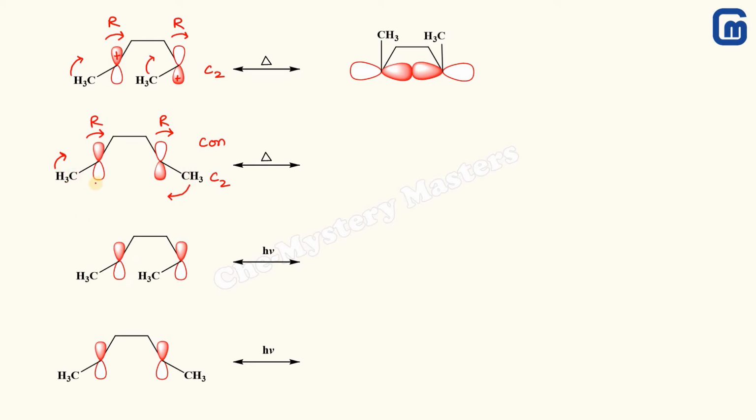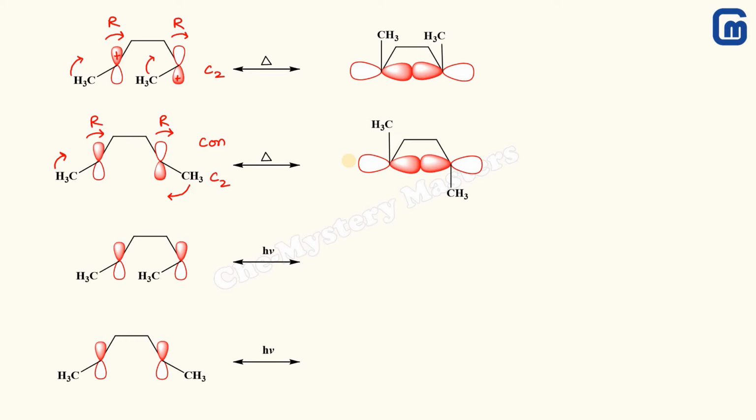So the CH3 which is present with the first orbital will go up during the ring closing reaction, while this CH3 which has been shown with the second orbital will go downwards, so that a trans type of arrangement will be observed.